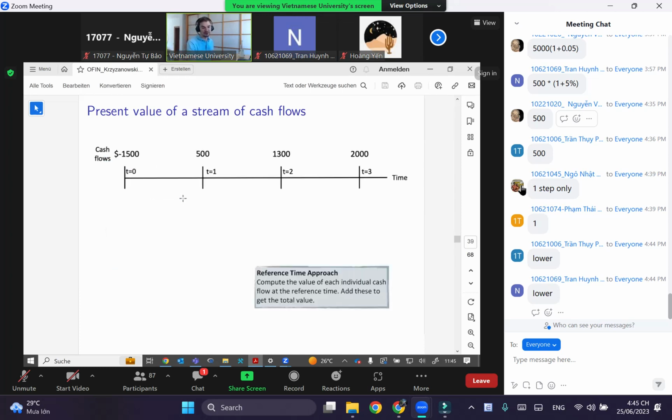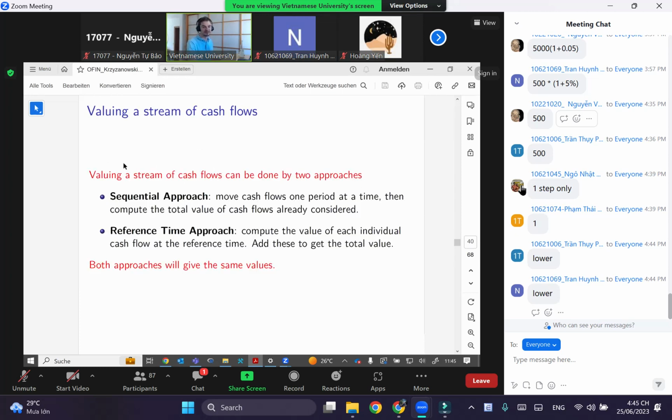And by analogy to before, what is important and summarized here on this slide is that irrespective of whether you follow this sequential approach I just showed you, meaning discounting period by period, adding the respective sums and then continuing to discount for another period and so forth, or vice versa, the reference time approach where you conduct the whole discounting for each of the cash flows in one step, irrespective of which approach you choose, this is something you could recheck by yourself.